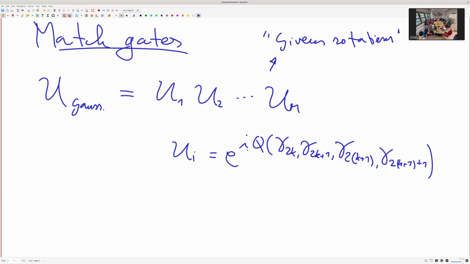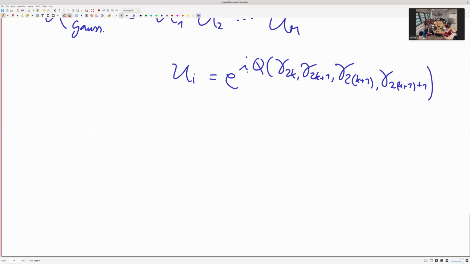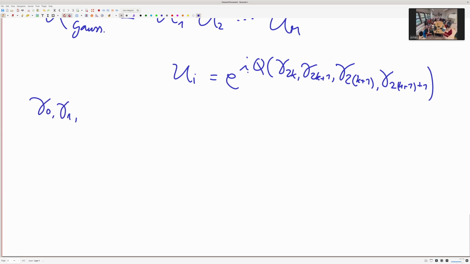So once you do this, we can focus on one of these individual terms, and for example, consider the one that involves the first four of these operators. If you now consider quadratic operators in these four terms, then there are not so many options. In particular, there are 6, which I will try to write down.